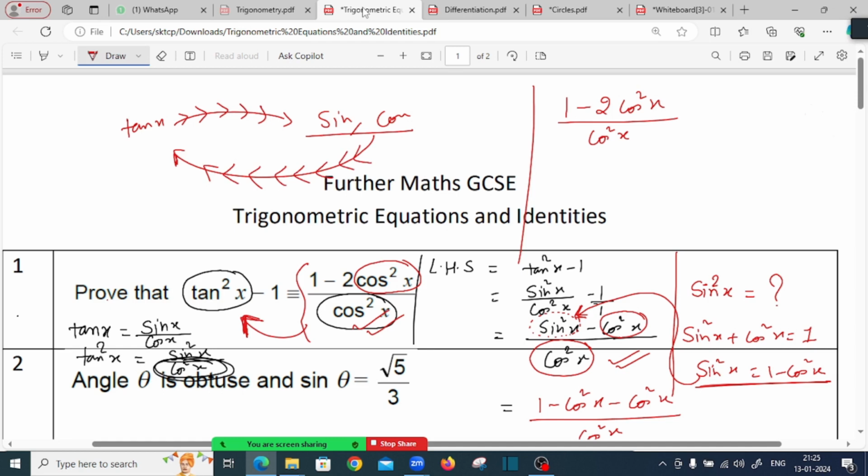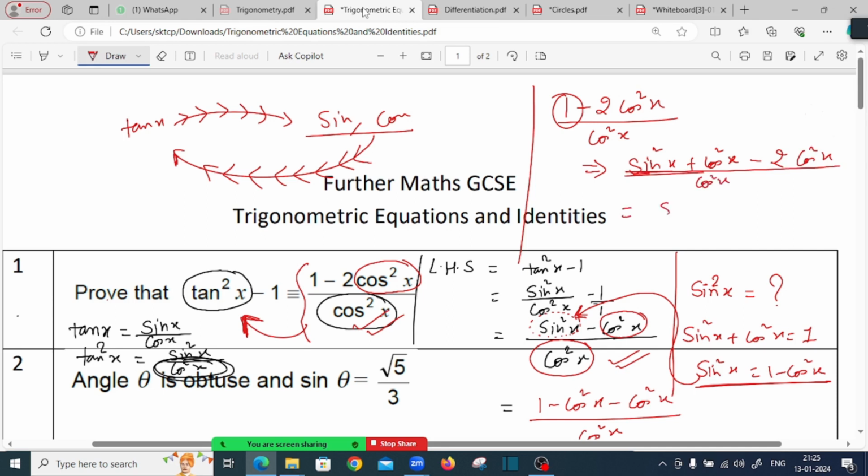Any problem? See, what I can do is substitute this 1 as sine square x plus cos square x. Can we do this? Minus 2 cos square x upon cos square x. I can replace this with this expression, right, Rishit? So what will you get?